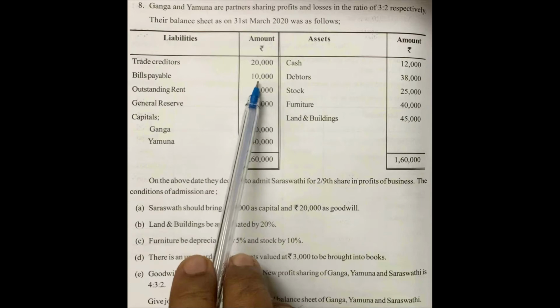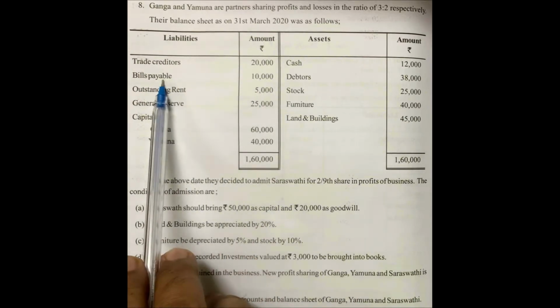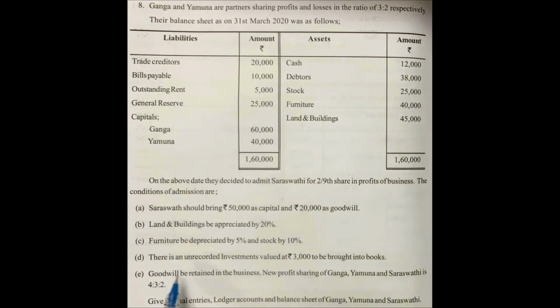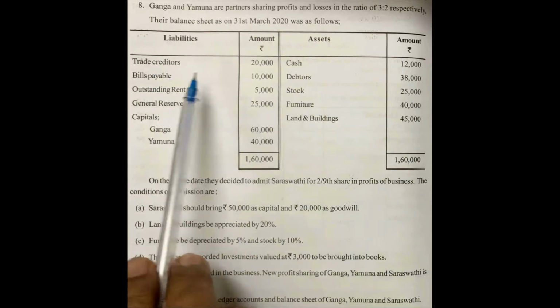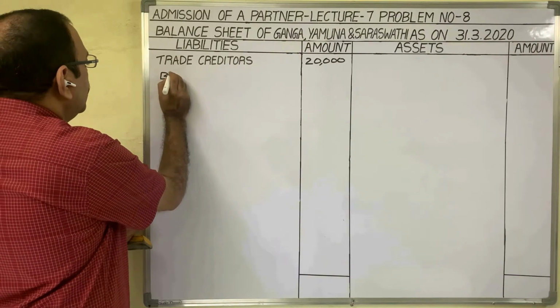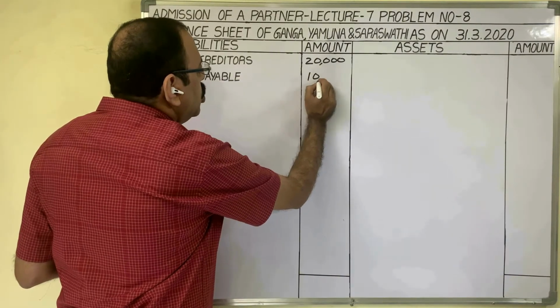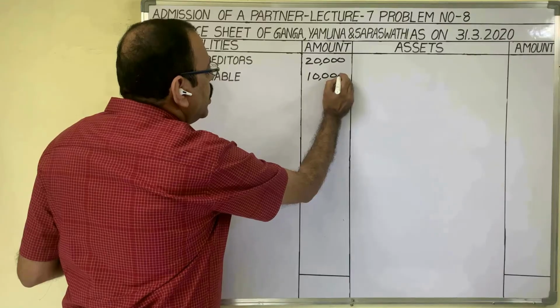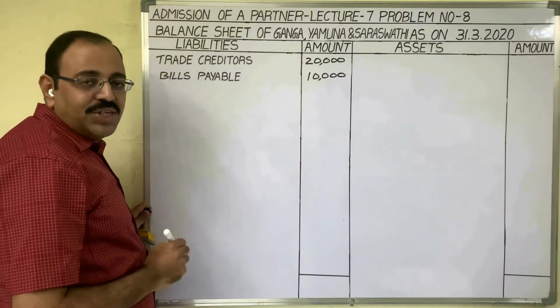Next, bills payable 10,000 rupees. Related to bills payable, there is no additional information. Therefore, the same amount 10,000 appears in the new balance sheet under the liability side also. Bills payable, no adjustment.